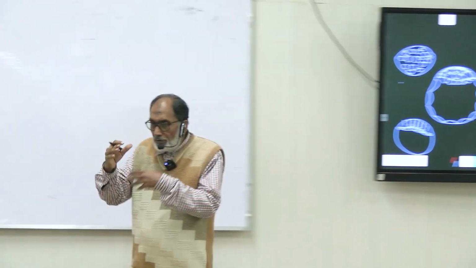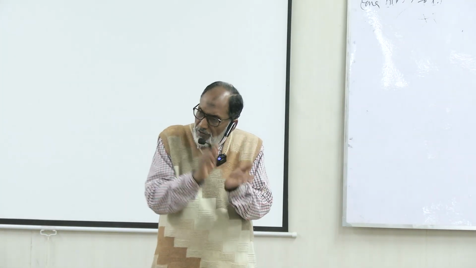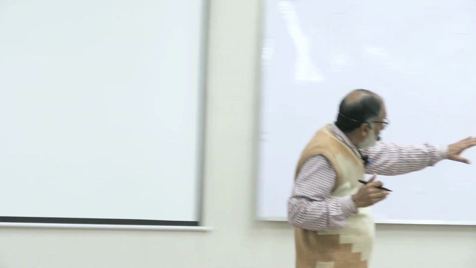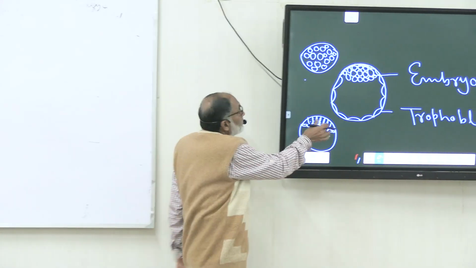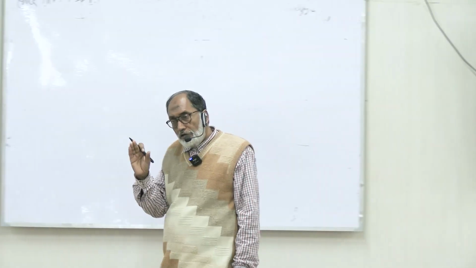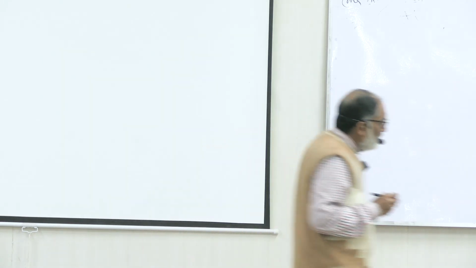When one cell becomes differentiated from another, we call it differentiation. So here the cells have been differentiated. These columnar cells are called epiblast.